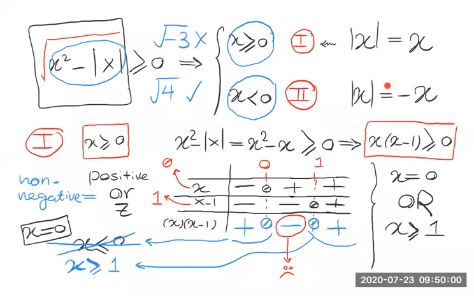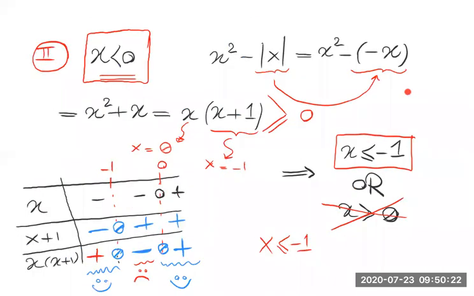So first, I solved the case where x is non-negative, and then I considered the case where x is negative. In the case you asked about, we were solving the second case, where x is negative, and instead of absolute value I can write minus x.